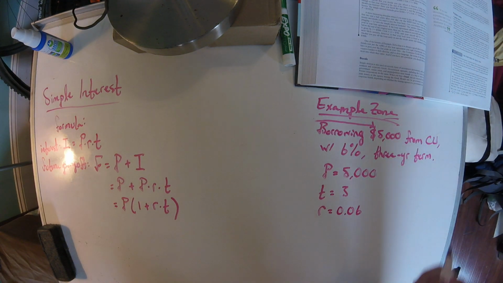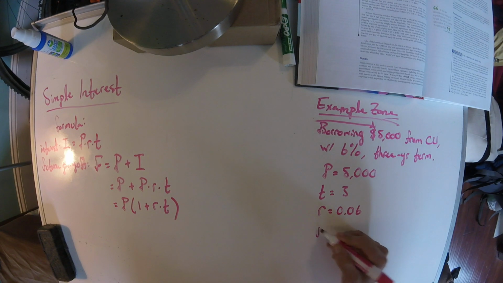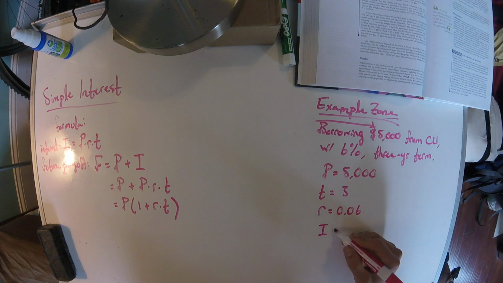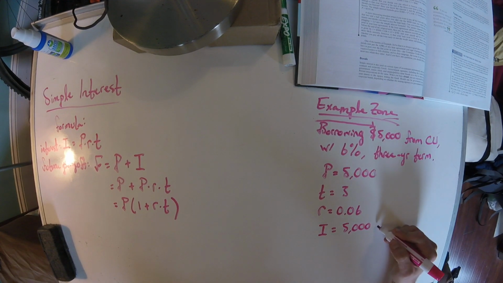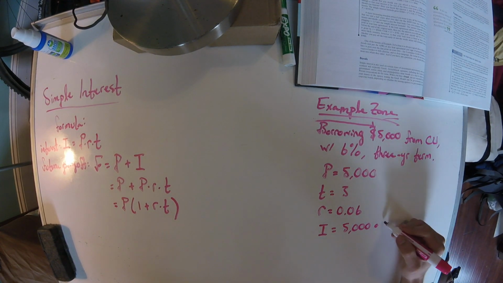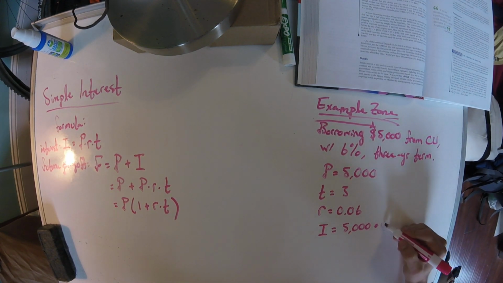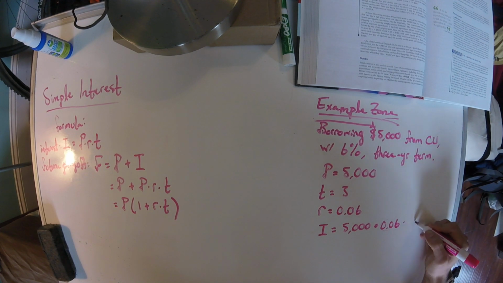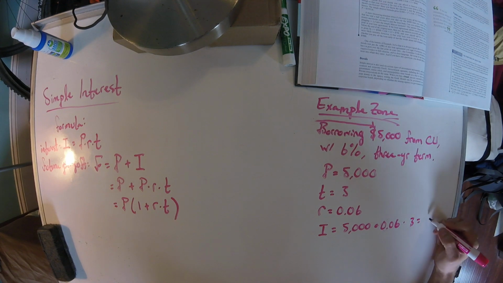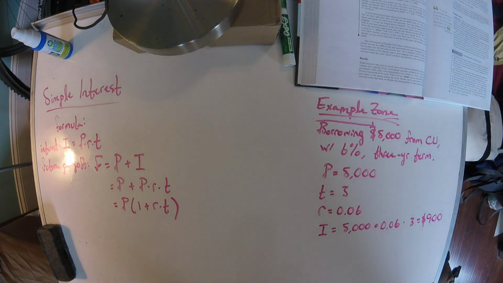So F will be equal to, well, actually first let's do I. So I will be equal to P times R times T, or 5,000 times 0.06 times 3, and that will give us 900, and I'll put the dollars there.